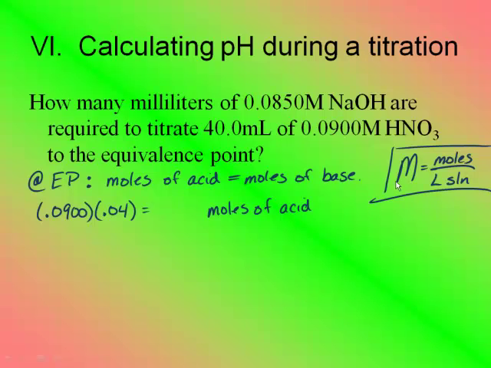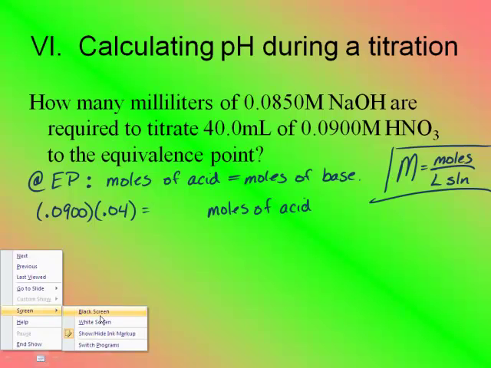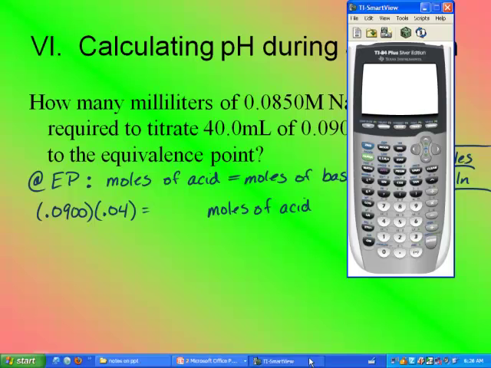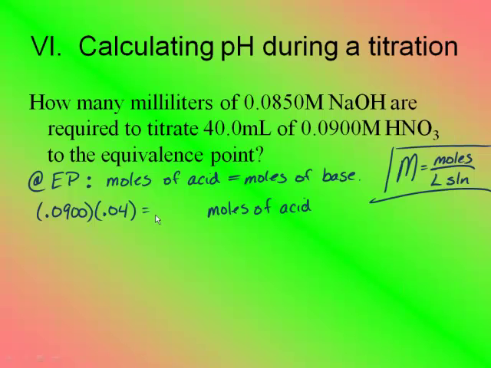So since I have the molarity and I have the volume, I multiply the two together to give me the moles of my substance. So I whip out my handy dandy calculator and I say, okay, 0.09 times 0.04 is equal to 0.0036. So that's how many moles of acid I had in my beaker to start.